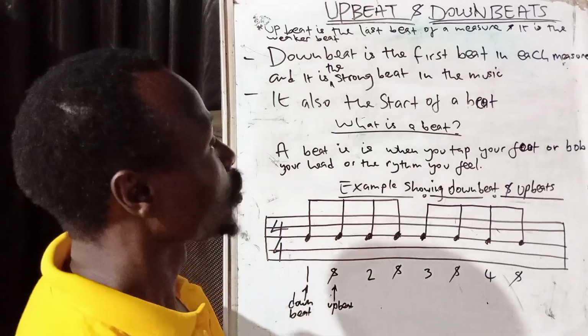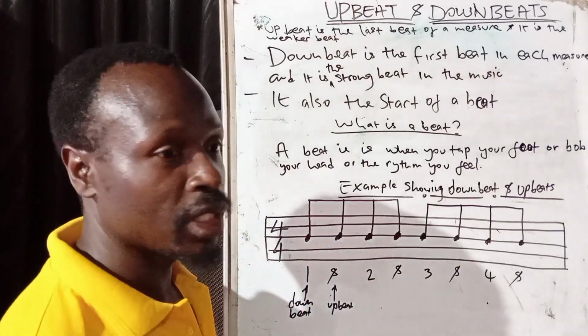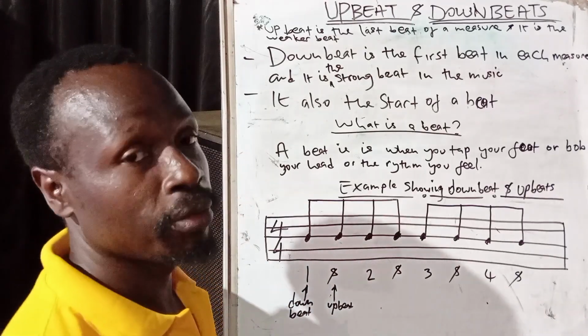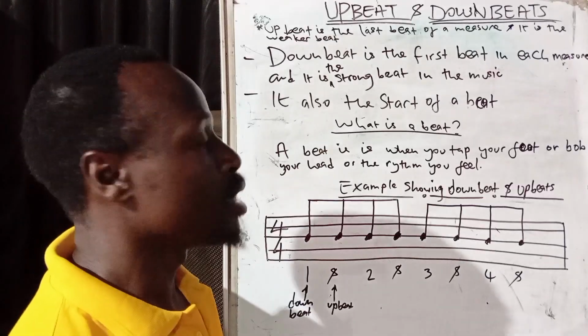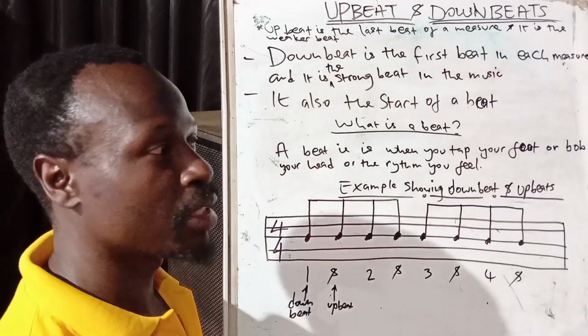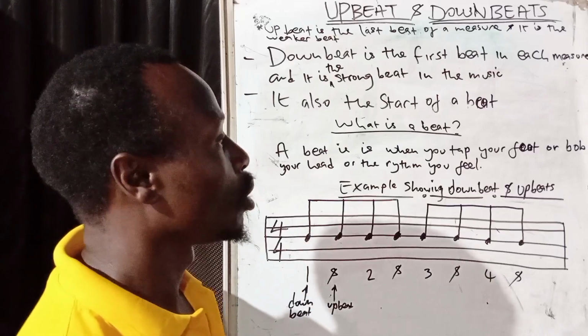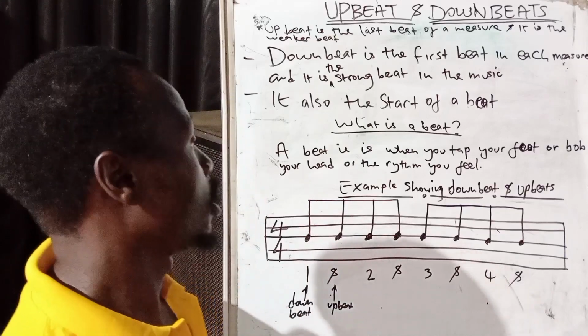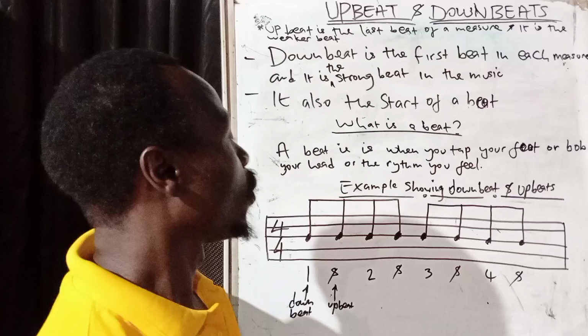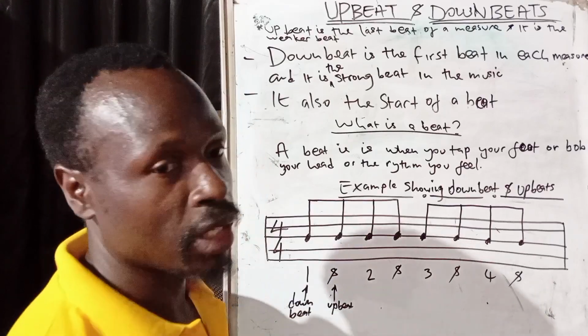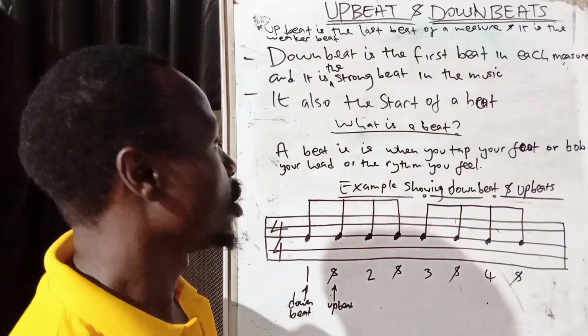And now, if we're talking about the beat, you're asking yourself, what is a beat? A beat is simply when you tap your foot, or when you bob your head, or it's just simply the rhythm that you feel. That is what a beat is.